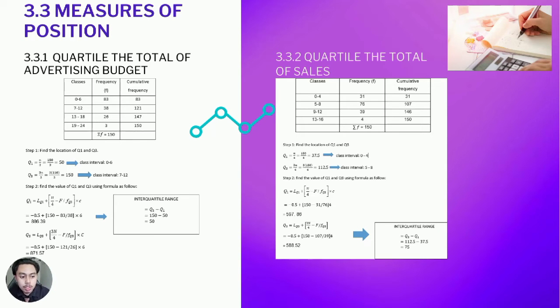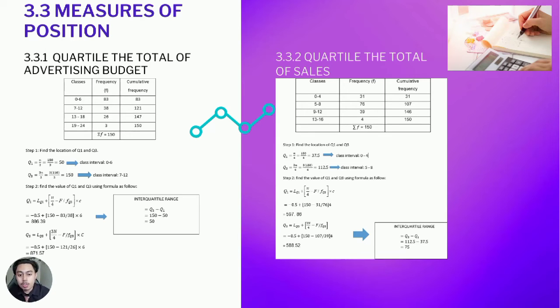Okay, step 1 is to find the location of Q1 and Q3, and the answer that we got for the classes is 0 to 6, 7 to 12, 13 to 18, and 19 to 24, with frequencies 83, 38, 26, and 3, and the total of the frequency is 150, and the cumulative frequencies that we got are 83, 121, 157, and 150.